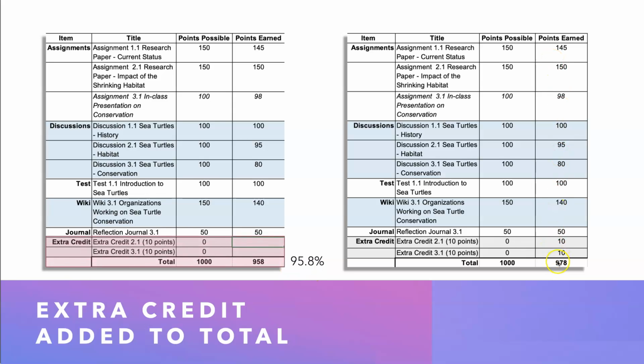When the extra credit assessments are graded, assuming that the student earned 10 points on each of those items, 20 points are added to the total, and the result is 978 points or 97.8%.